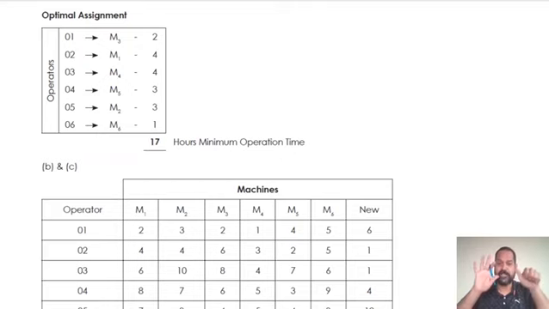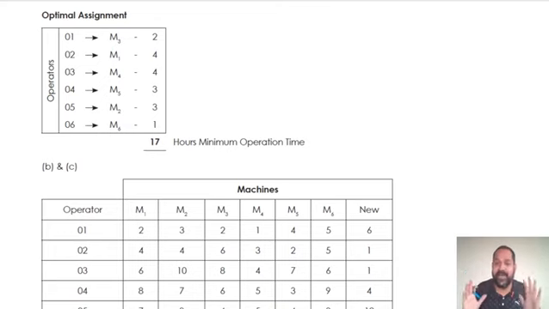But sir, I have only 6 operators. If I add the new machine to the assignment, that will become 7 machines. Won't you add a dummy operator? Yes, this is what will happen. Listen carefully. If your new machine is better than my old machines, then the new machine will get an assignment and one of the old machines will go to the dummy.